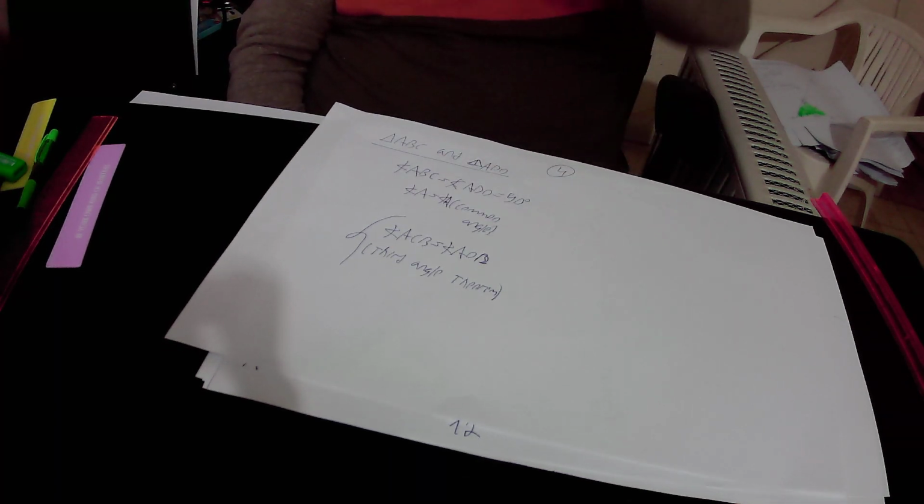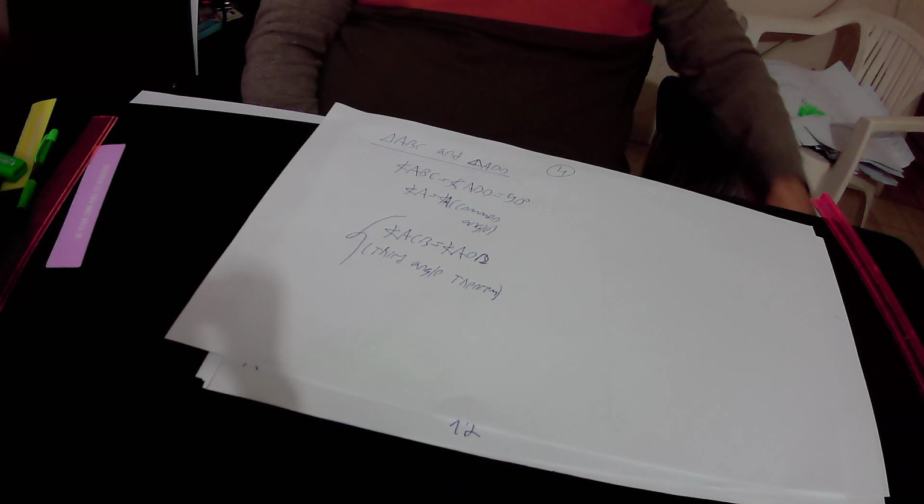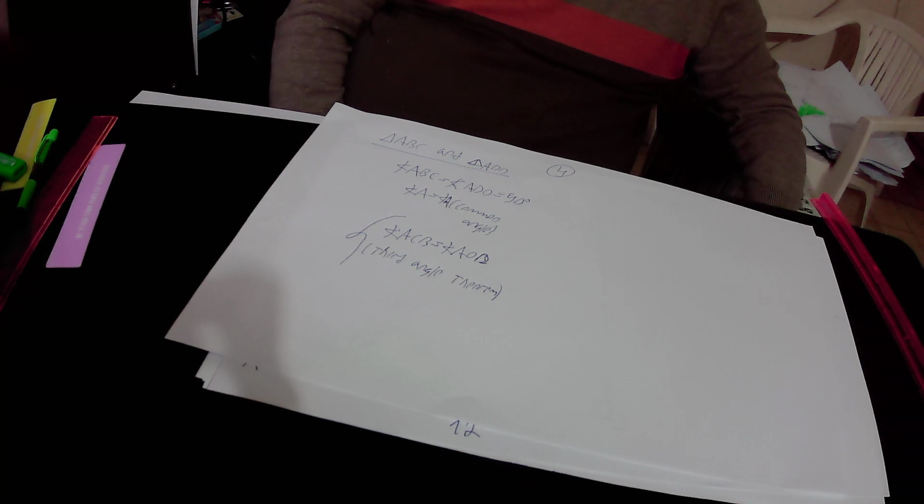So what is the third angle theorem? The third angle theorem is that if two angles in one triangle are congruent to two angles in another triangle, then the third pair of angles must also be congruent. Why?